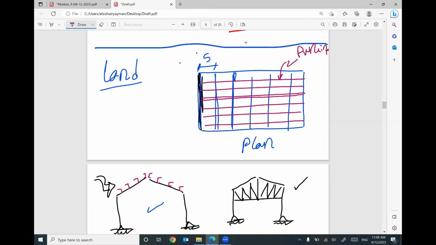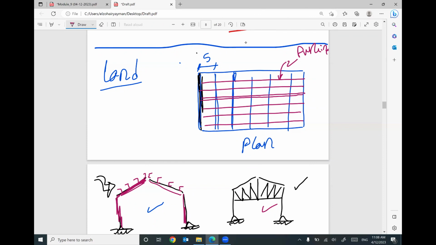We also learned how to design each member in your truss. Today, we will start to talk about the frame itself. We have a frame and we need to design it.